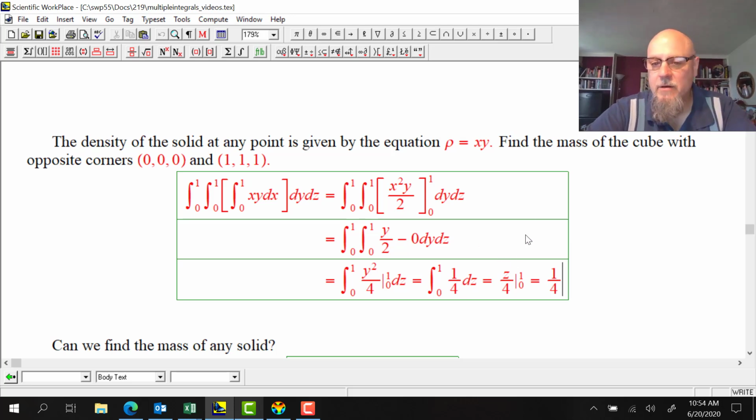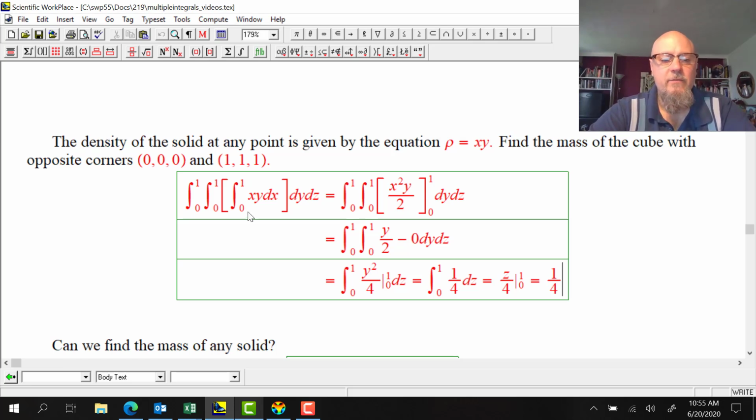Could I have made it any better? Because density wasn't a function of z at all, what if I would have integrated with respect to z first? Because it was a cube, we could do this in any order. Then I would have used this easier thing right away. Yeah, I don't think that would have been any easier. It was pretty straightforward.